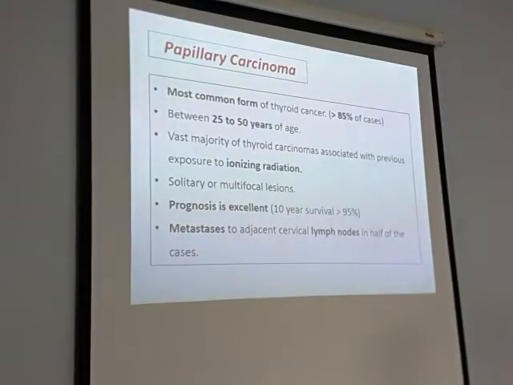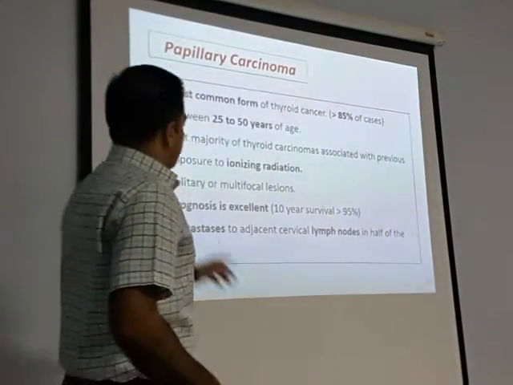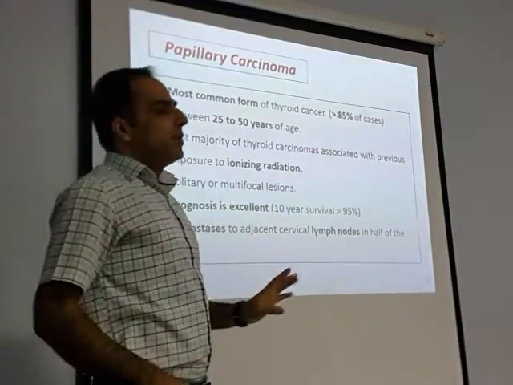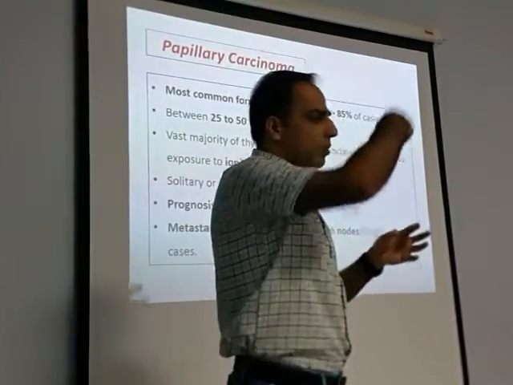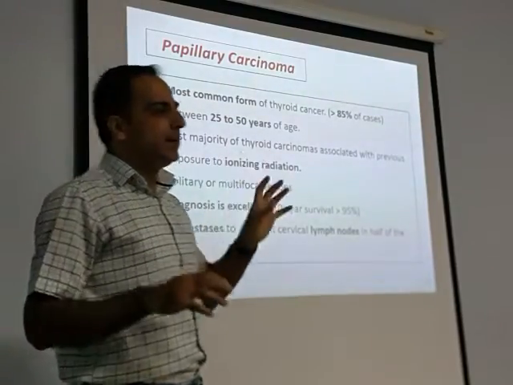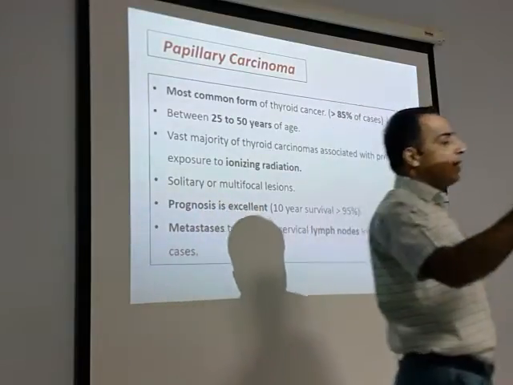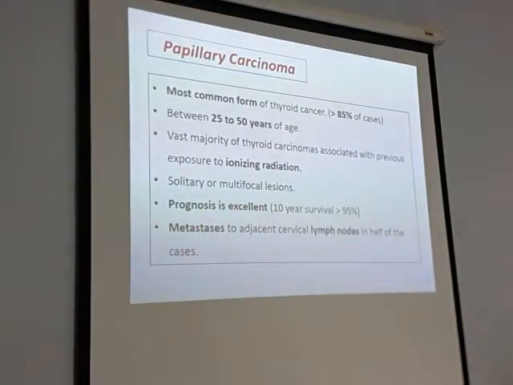If you find a cancer after radiation, it is more likely to be papillary carcinoma. They may be solitary lesions, but they can be multifocal also. Prognosis is excellent: more than 95% of patients will survive 10 years.